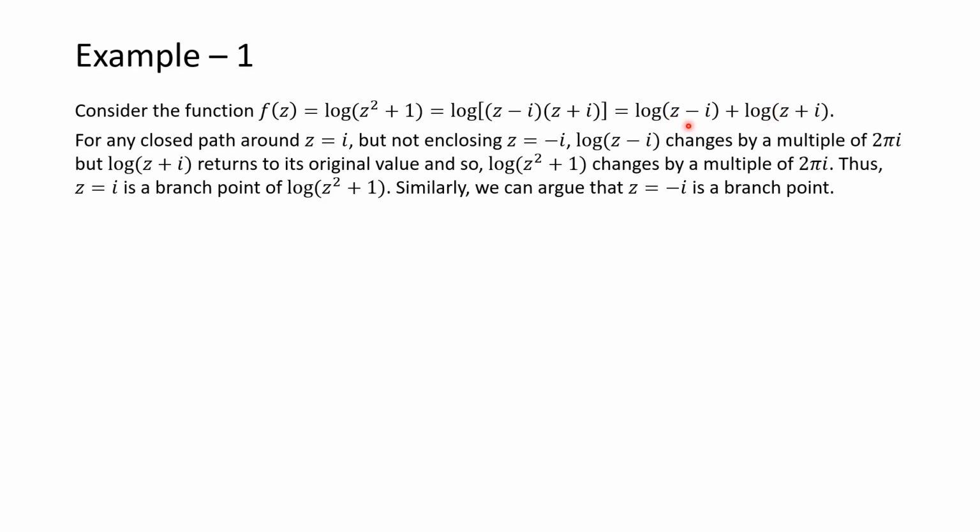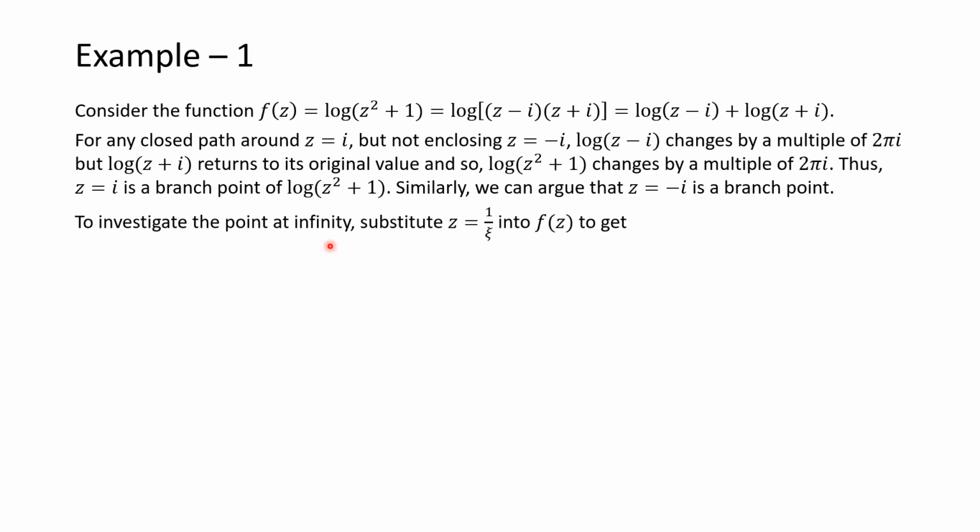So collectively these two added together, which equals our function f of z, does change by a multiple of 2 pi i whenever we circle a closed path about z equals i and return to the same point. That means z equals i is a branch point. Then using the same argument, z equals minus i is a branch point.